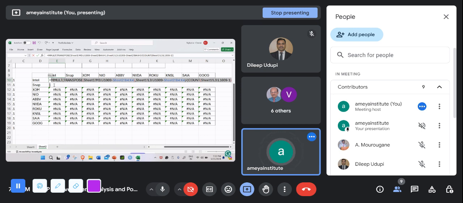I think it's correct only, but I don't know why this result has come.